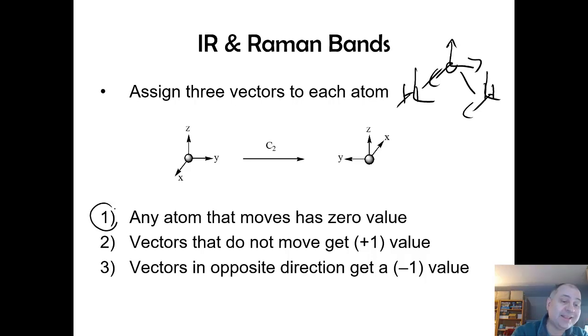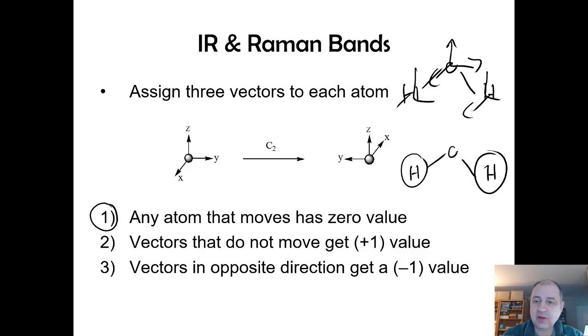First of all, it's easier, because any atom that moves gets a 0 value. For water, these two are moving when you do a C2, right? So we don't worry about those 6 vectors. We only worry about the 3 vectors that are on the axes in this case.